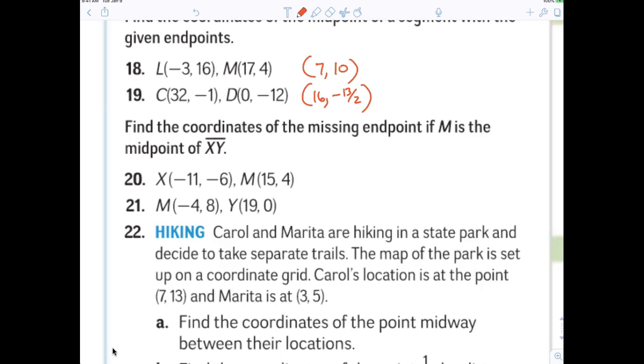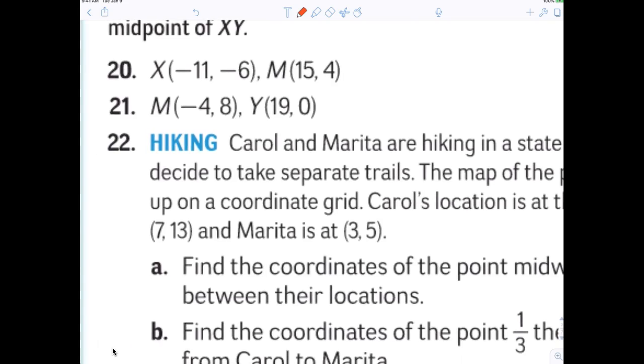Now, M is the midpoint, so we need to find the other point. So in my opinion, the easiest way to do that is y is going to be, from a negative 11 to 15, I moved how many units? A lot, thank you. 26, right?